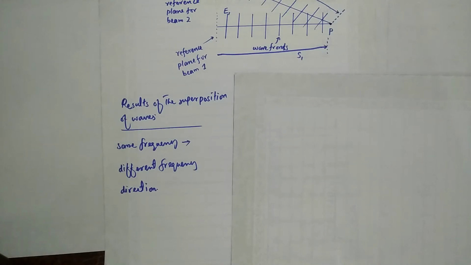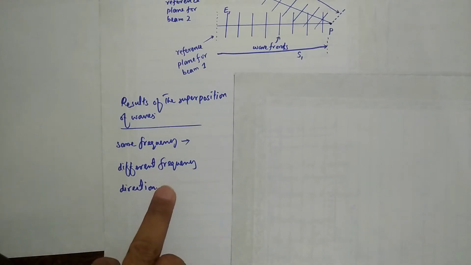If they are different in frequency while in the same direction, then the phenomenon of beats will develop. And if the two waves have the same frequency but are opposite in direction, then standing or stationary waves will take place.